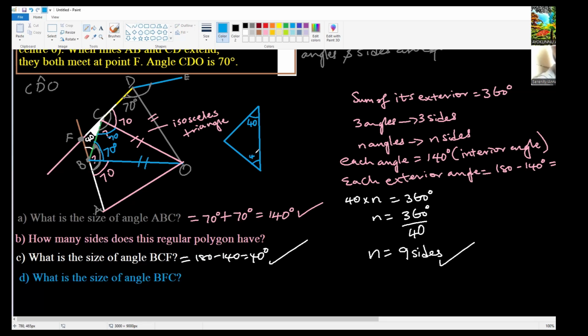Because from here, this is 140, and this should be 40 to make 180. Is that clear? Then, how can we find this place? So BFC will be 180 minus 80. Where did I get 80? The addition of the other 2. Is that clear?